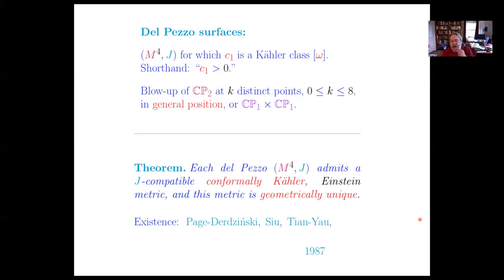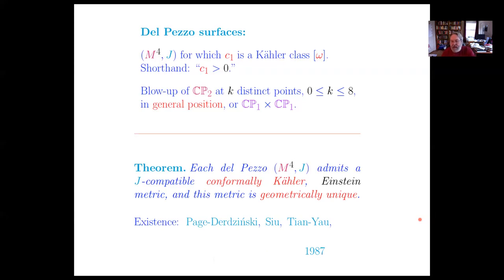Tian and Yau the next year showed that for each del Pezzo surface, well, actually for the deformation type, there are certain complex structures of del Pezzo type where there are Kähler-Einstein metrics, except in 2 cases that were excluded: CP2 connected sum the 1 or 2 point blowups of CP2.